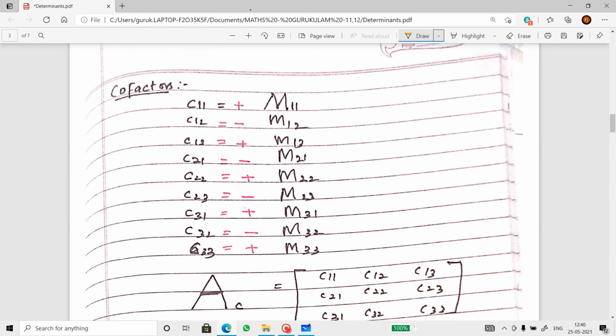So now consider the signs that I put on top of the elements. Minors with the sign are cofactors. So C11 is plus M11. C12 is minus M12. C13 is plus M13. C21 is minus M21, and so on for all.